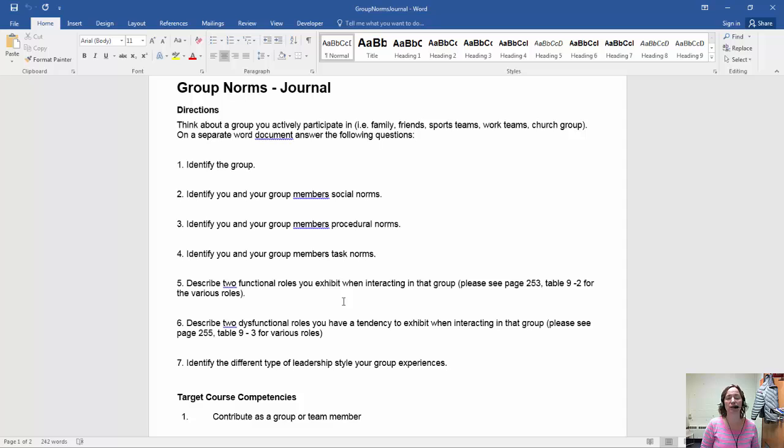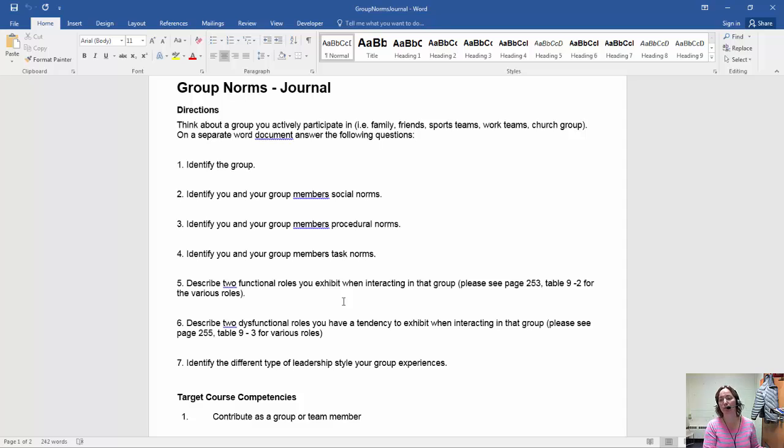But on a separate Word document, you're going to work through the following questions. Identify the group, and then identify you and your group members' social norms, and to really know what those norms are, I'm asking that you view them in chapter 9 starting on page 250 in your textbook.